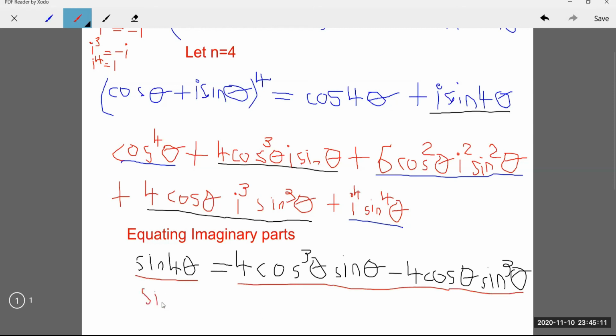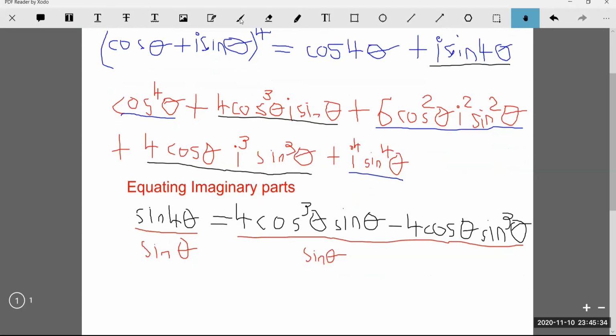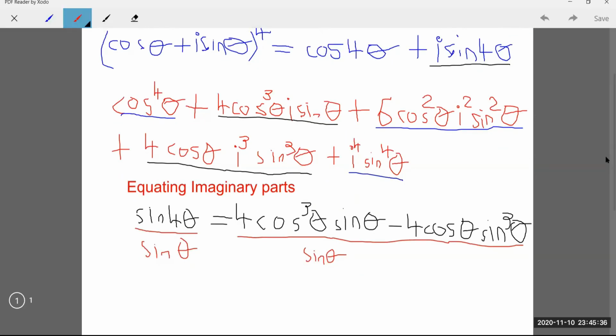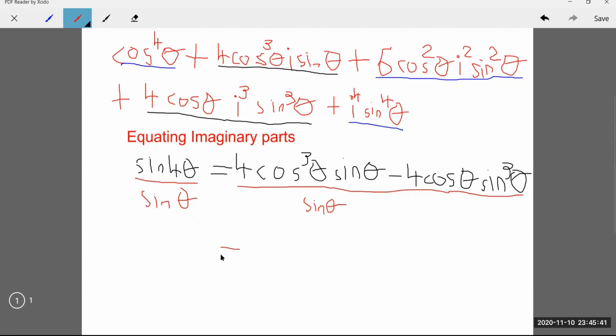And so now we have sine 4 theta over sine theta, which is equal to 4 cos cube theta sine theta minus 4 cos theta sine cube theta, both of these terms being divided by sine theta. Sine theta over sine theta cancels, and we're left with 4 cos cube theta.